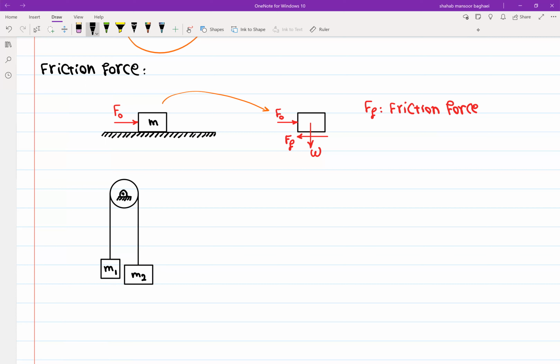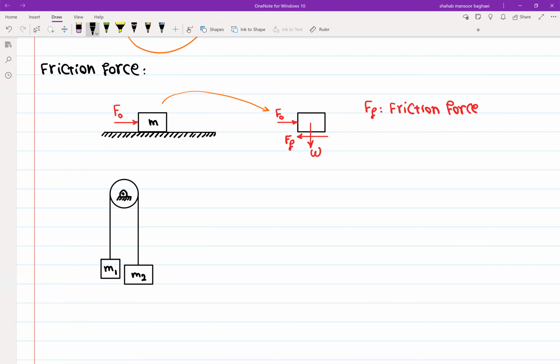Imagine at first, they don't have any velocities. If I want to release these blocks from this position, do you think what happens? Of course, heavier block will go downward and the lighter block will go up. It means you can have motion.